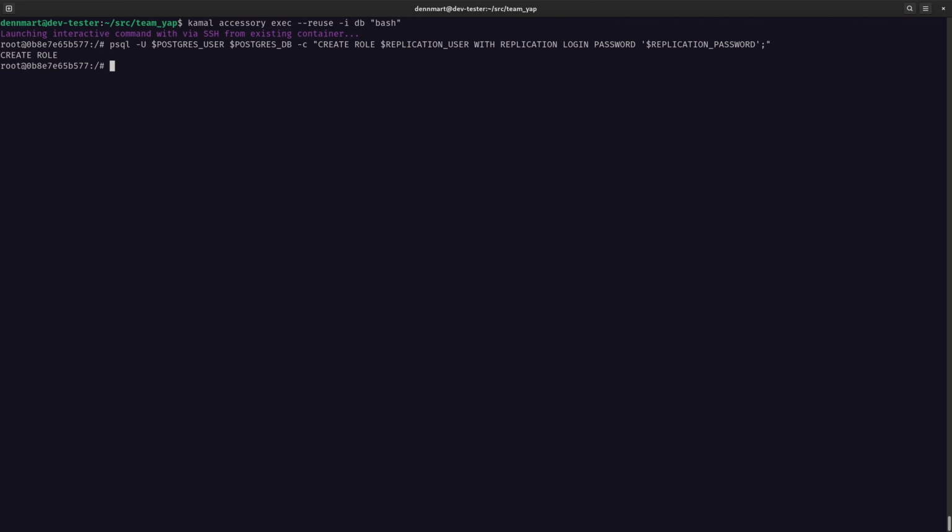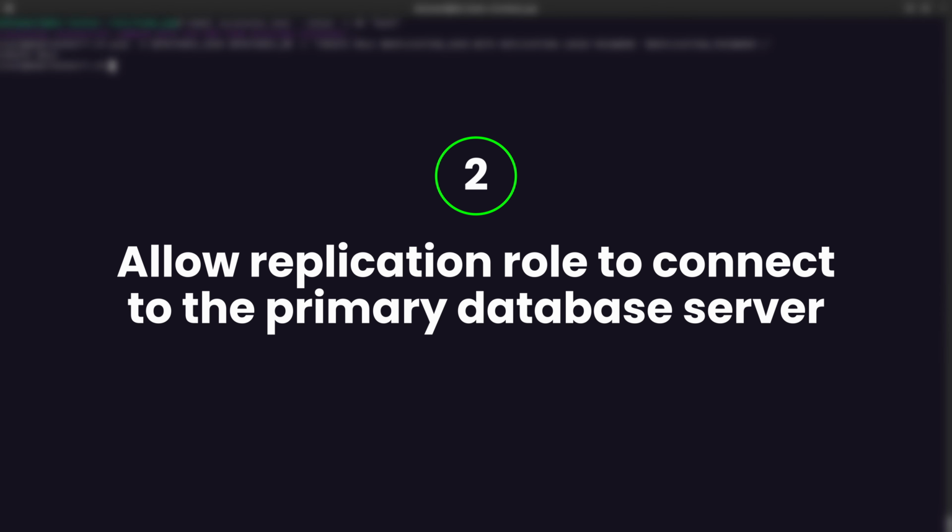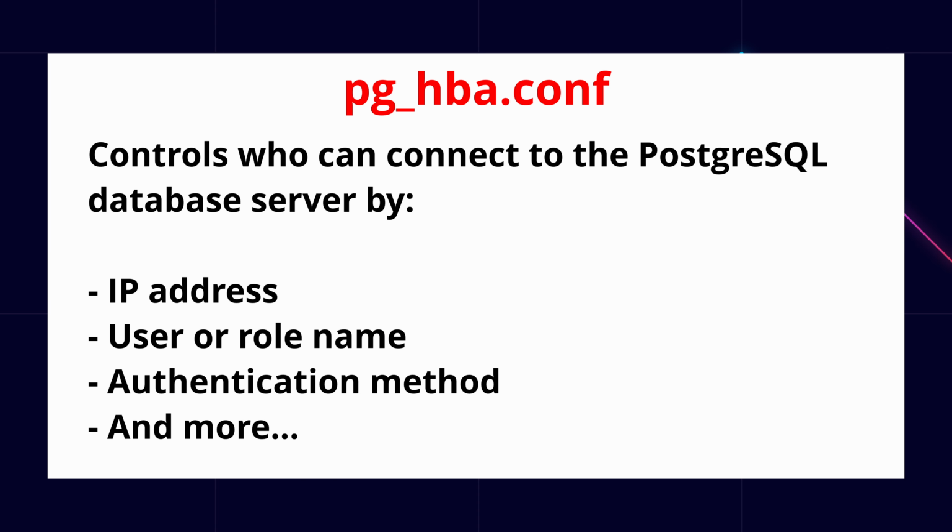So now I have a new role for replication, but I'll need to grant access for my replica database server to connect to the primary database. In PostgreSQL, authentication is managed by a configuration file called pg_hba.conf, usually located at PostgreSQL's data directory in the server's file system.